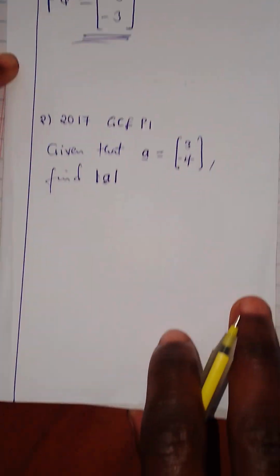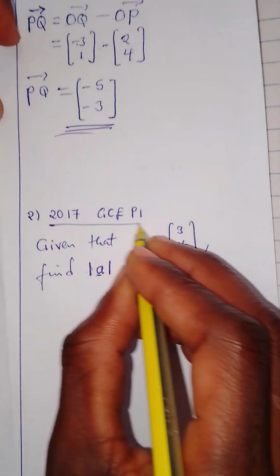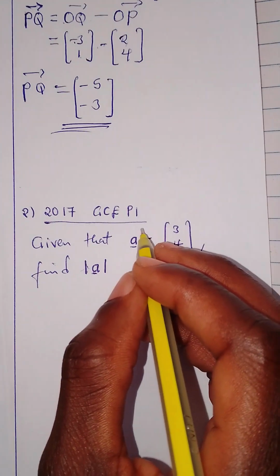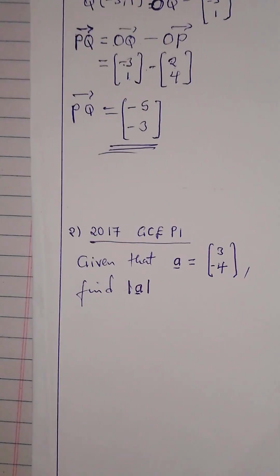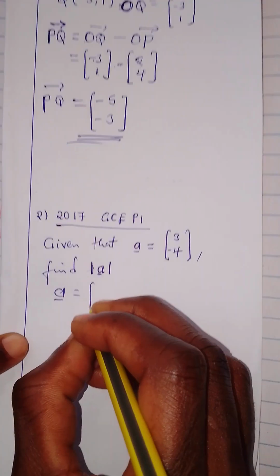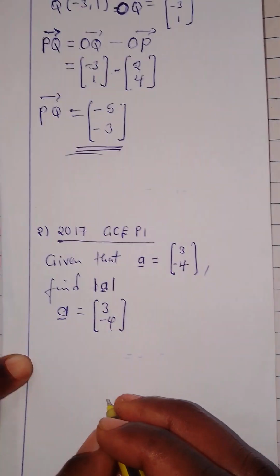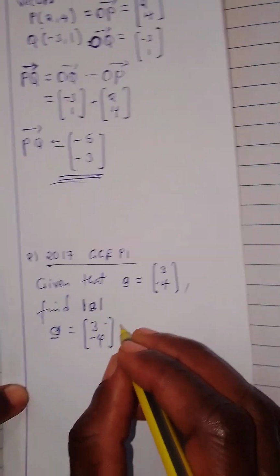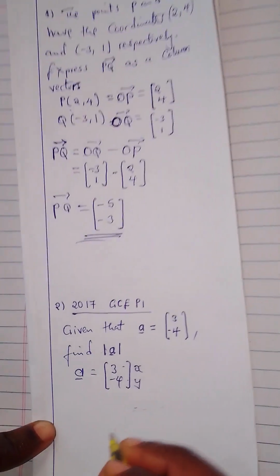Now let us go to question number 2. You can see it's coming from GCE 2017 Math 1. Given that vector A, a column vector, is equal to (3, -4). We take the first coordinate as the x coordinate and the second as the y coordinate.